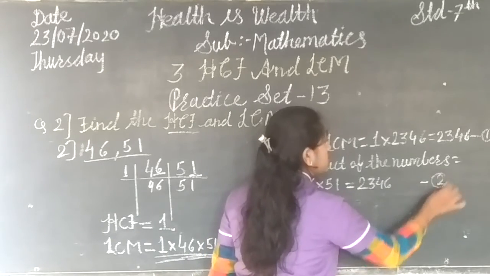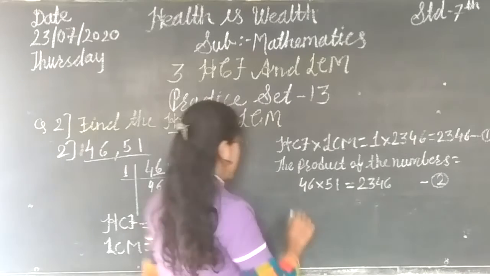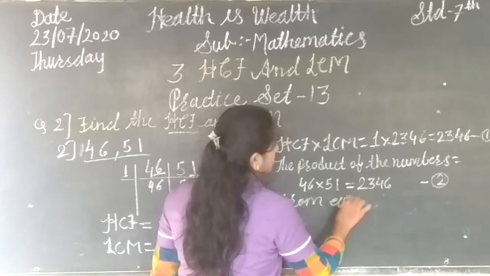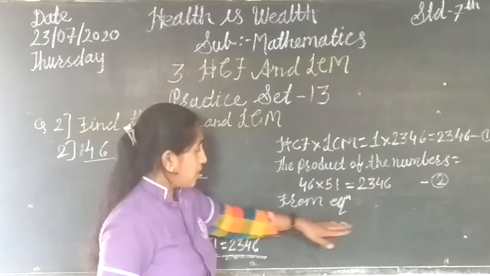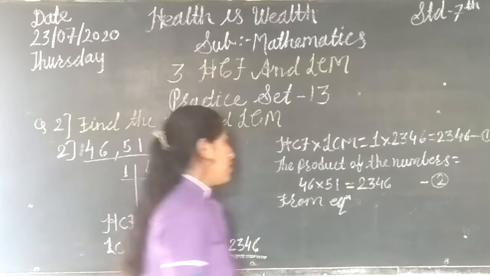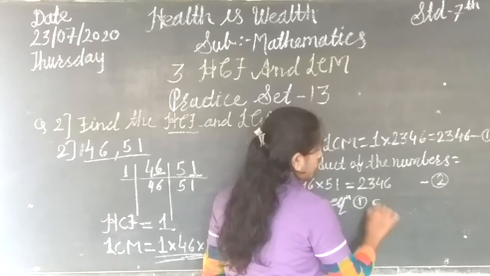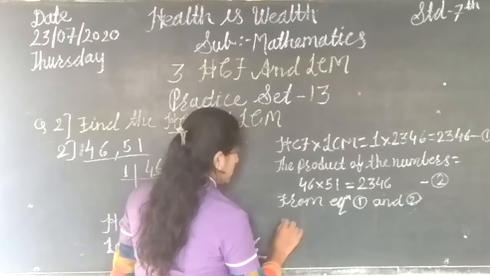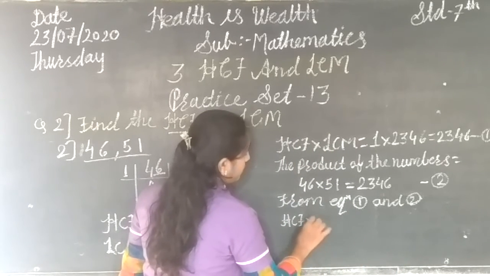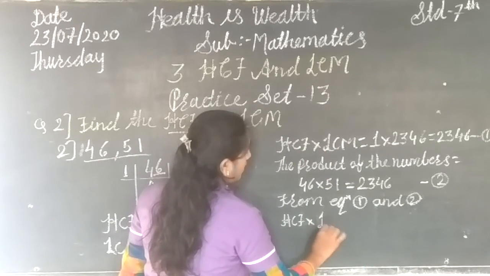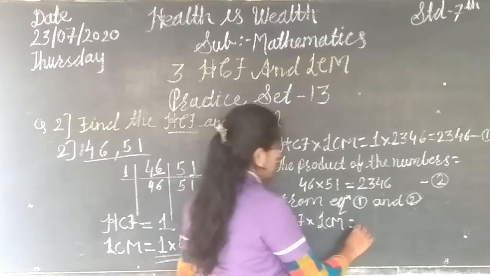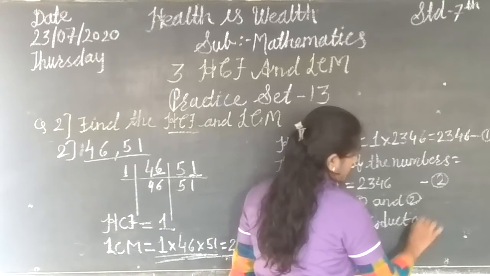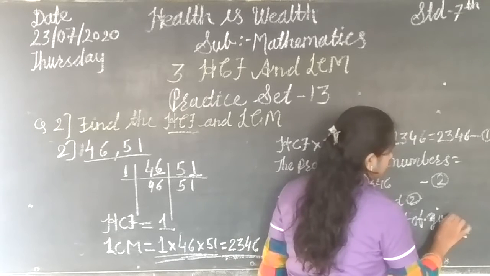We have to do this as equation 2. Now from equation 1 and 2, as in the previous question also, you have to write this statement: HCF times LCM is equal to the product of the given numbers.